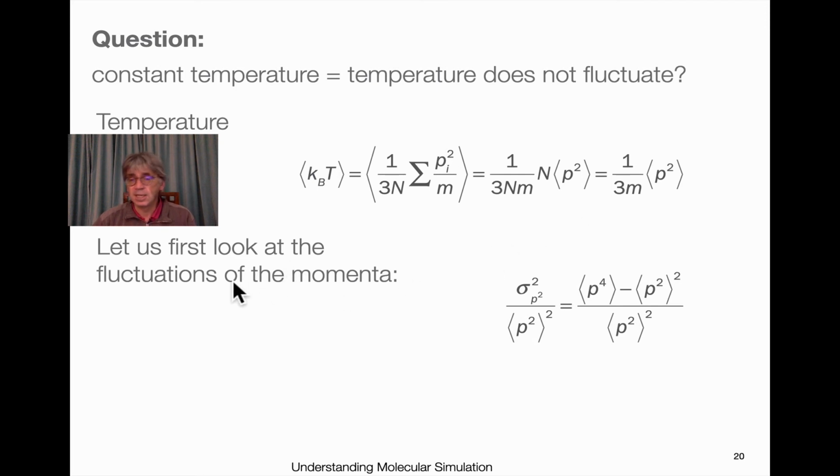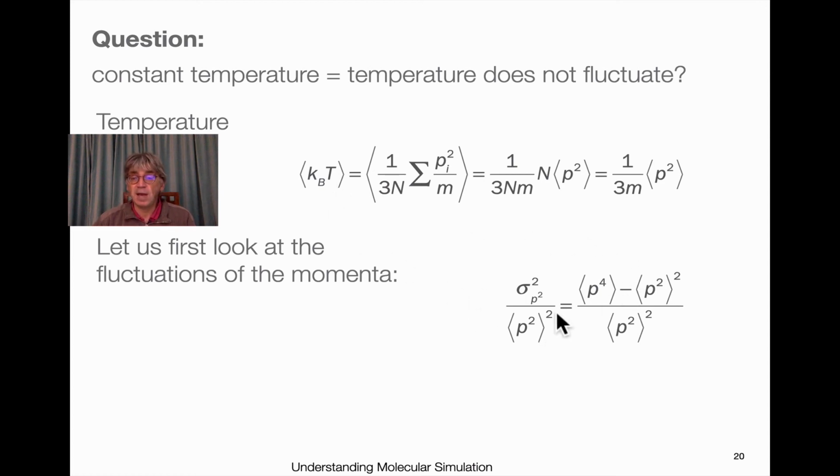Now what is important, and that is what we mentioned, let's look at the fluctuations of the momenta. Because if we would impose that at every single time step the kinetic energy is identical to the desired temperature, the fluctuations would be zero. But is that correct?